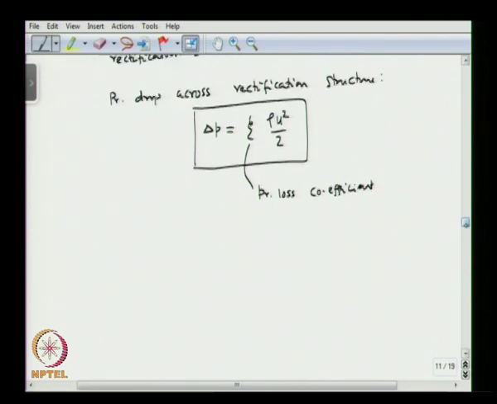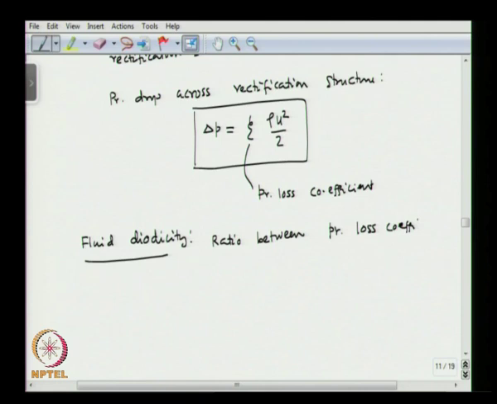So we can define a parameter which is called the fluid diodicity, which is the ratio between pressure loss coefficients at nozzle to that at diffuser.